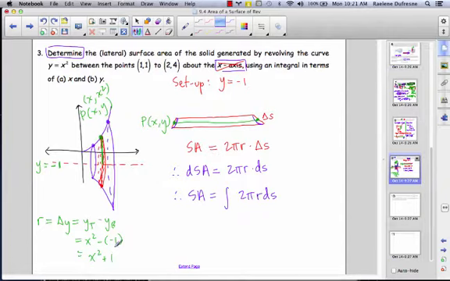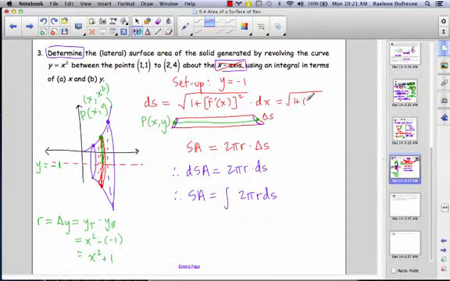So this is going to be x squared minus negative 1, and so we get the radius is x squared plus 1. So that tells us to integrate with respect to x, and we change our ds expression to the version in terms of x. So we get the square root of 1 plus f prime of x quantity all squared, times dx. Well, we know that f of x is equal to x squared, so the derivative is 2x.